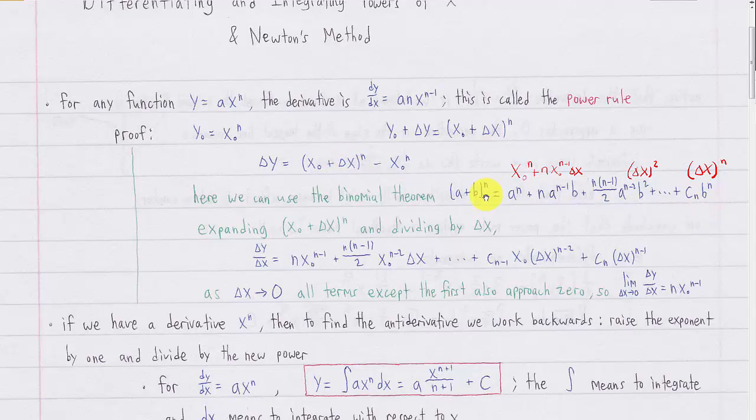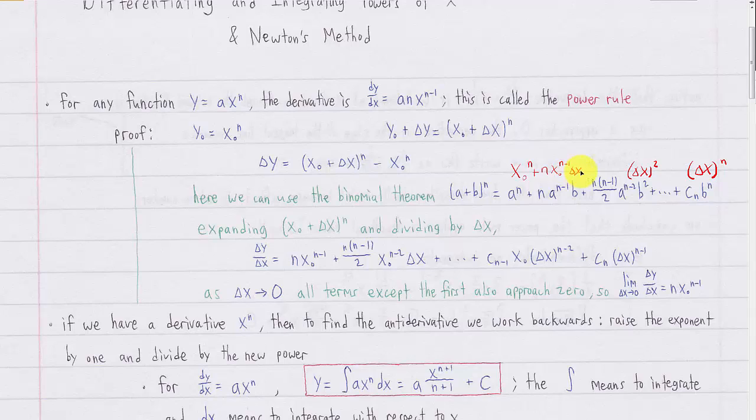So if you write the first few terms, the first term will be x0 to the n power, and then we'll have n times x0 to the n minus 1 times delta x. And so notice that for all of the terms after this one, since the power of b keeps going up, here is b squared, it keeps going until b to the n power.